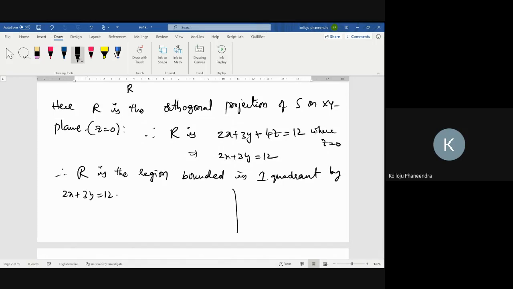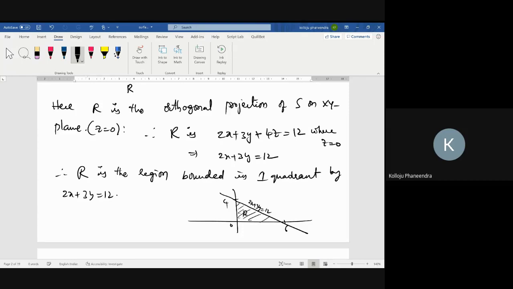What is the figure? 2x plus 3y equal to 12 is a straight line with x intercept 6 and y intercept 4. This is the region bounded.